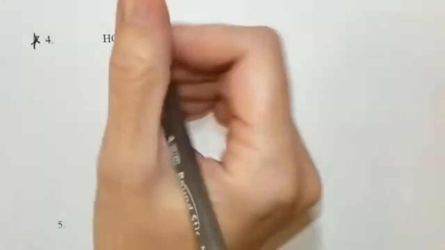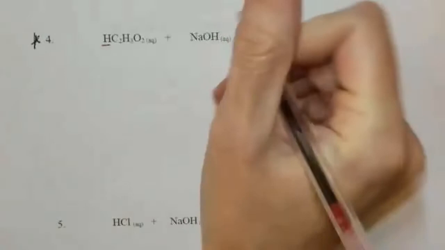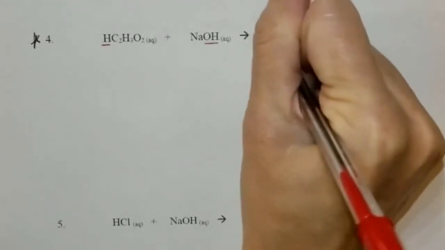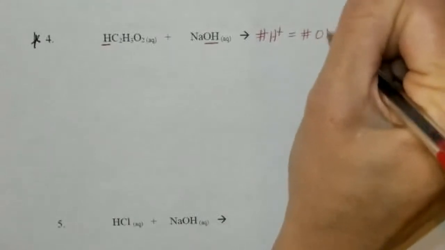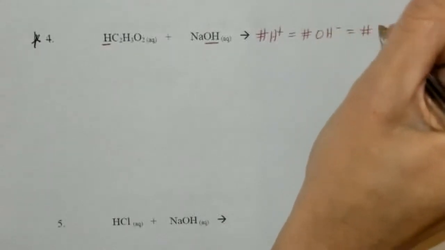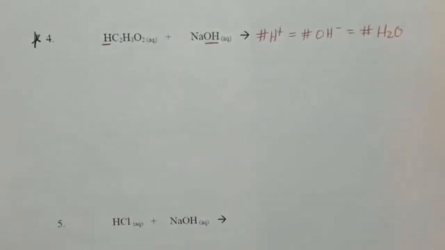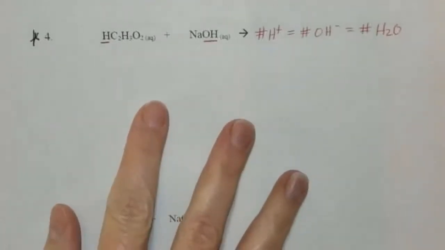The reason I chose this one is that with acetic acid, the H in the middle sometimes throws off students, but we're always just looking at the H in the acid combining with the hydroxide from the base. What you want to think about with acid base is that for every hydrogen, you need 1 hydroxide to make 1 water. To me, this was the easy way to approach acid base.